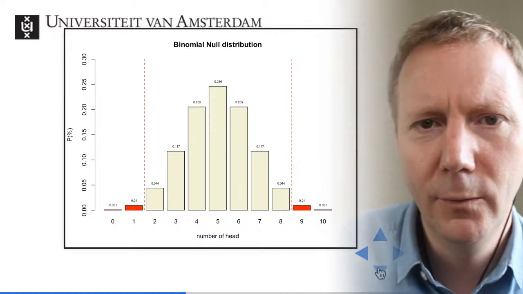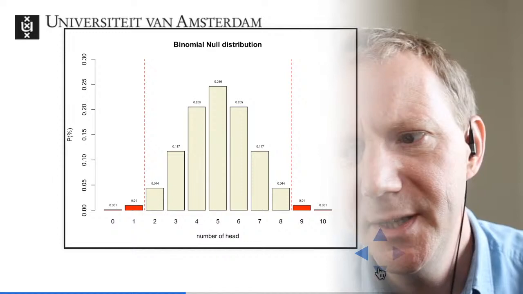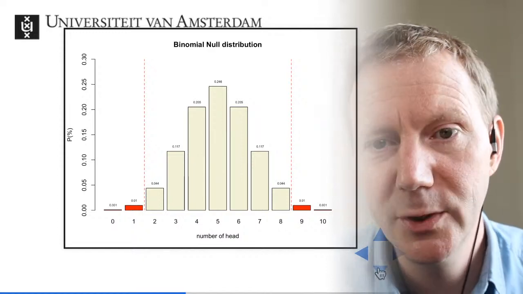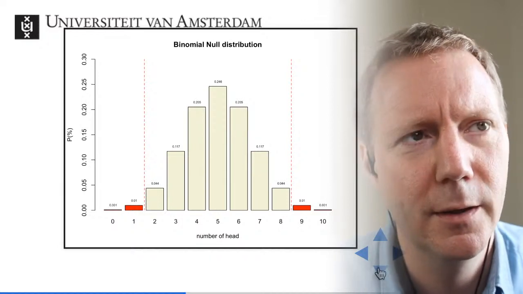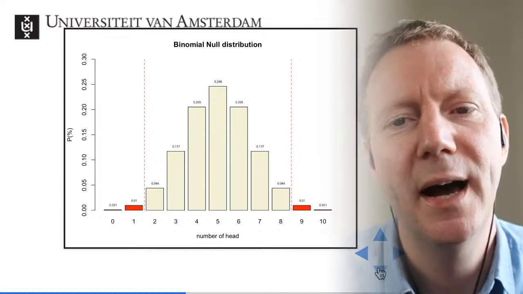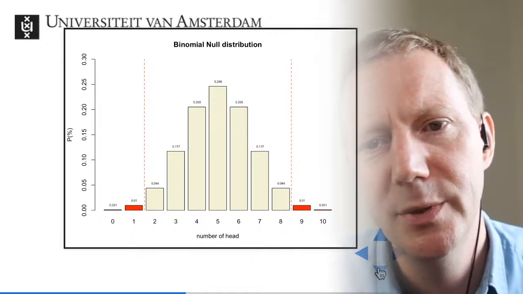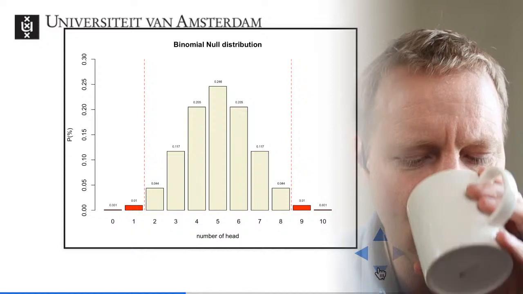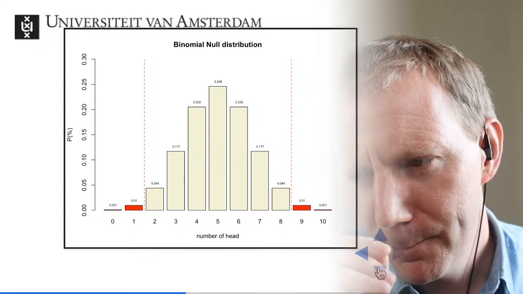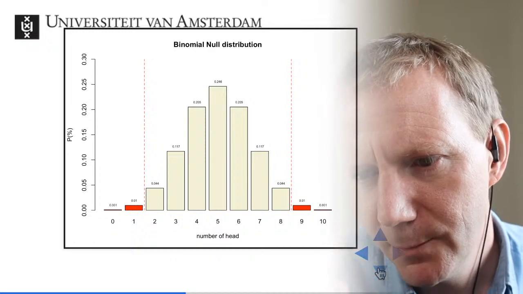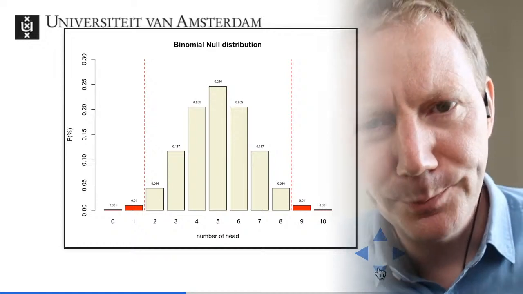And what we're doing here is testing two-sided. I don't know what the outcome of the coin would be. It could be skewed to landing heads, or it could be skewed to landing tails. So the rarity is at the outskirts of this distribution.